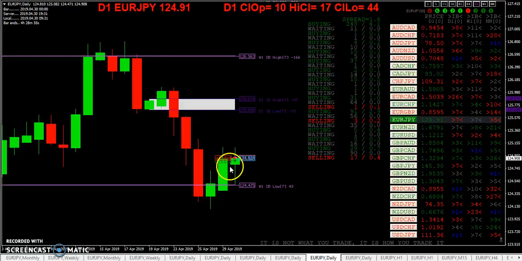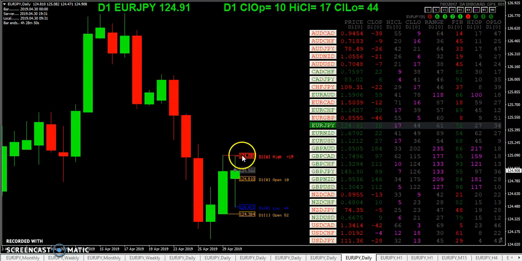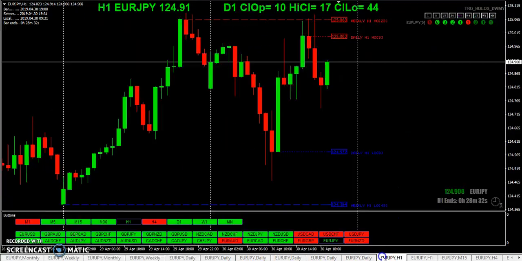But looks like we've got an inside bar going today, so we might have a new one starting tomorrow. Yeah, we definitely have an inside bar going here. And we've got some movement here. Look at the pound pairs. Lots of movement there. Finally, but only 61 pips on the euro yen at the time.